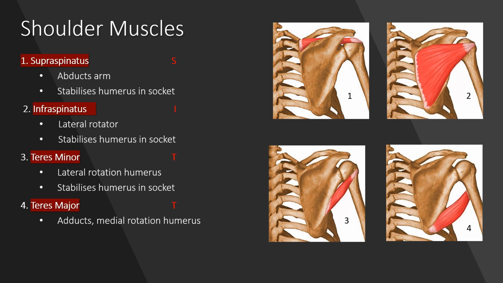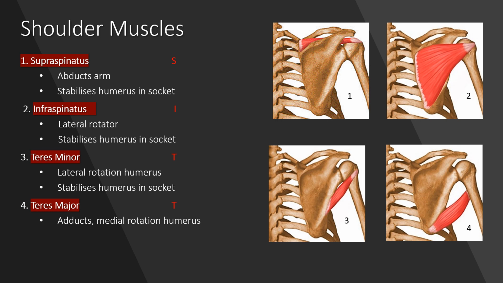So the teres major, if you look at that one, the insertion of it is not on the back of the humerus, it's on the front of the humerus. So if we've already said that if it sits on the back of the humerus, it's going to be a lateral outward rotation.